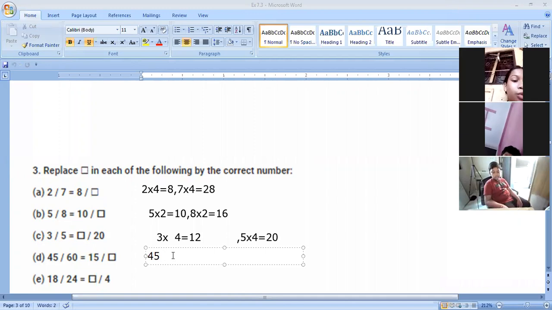Yes. 3. Yes, right. 45 will be divided by 3. That's right. So you're getting 15 here. You're getting the answer 15 when you are dividing.